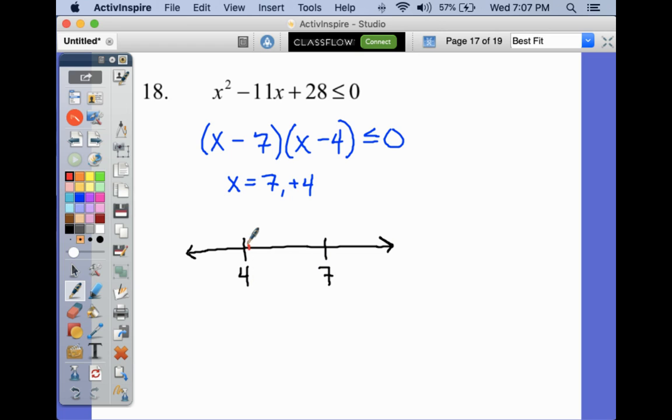There's an equal to, so we want solid points. The parabola coming through the number line like so. And we want less than 0, which is where is it below the number line? So everywhere between 4 and 7, including the 4 and 7, by putting them in brackets.